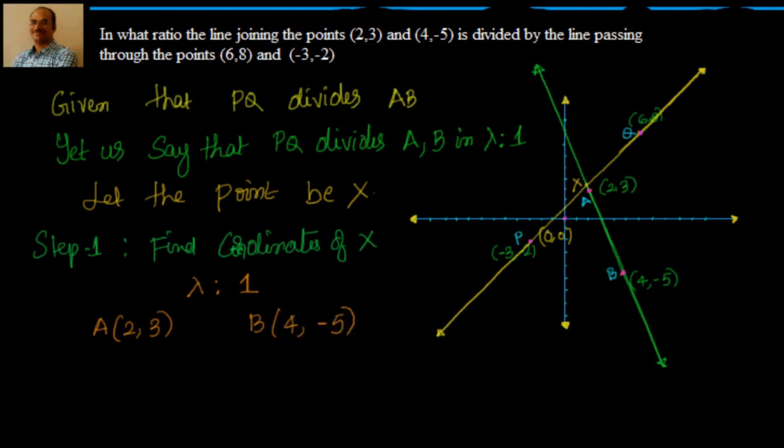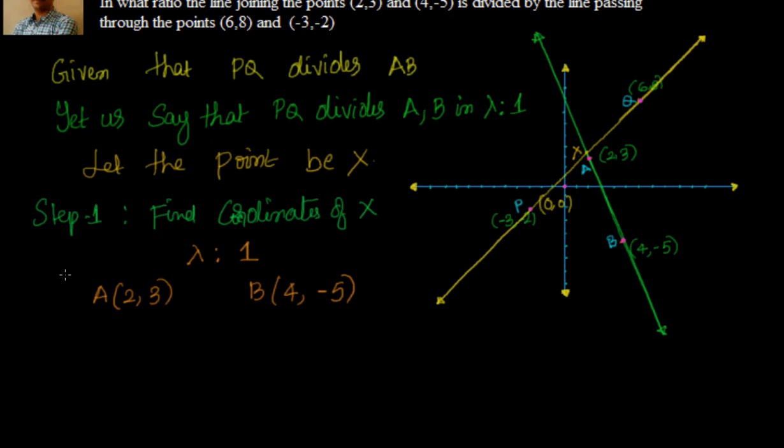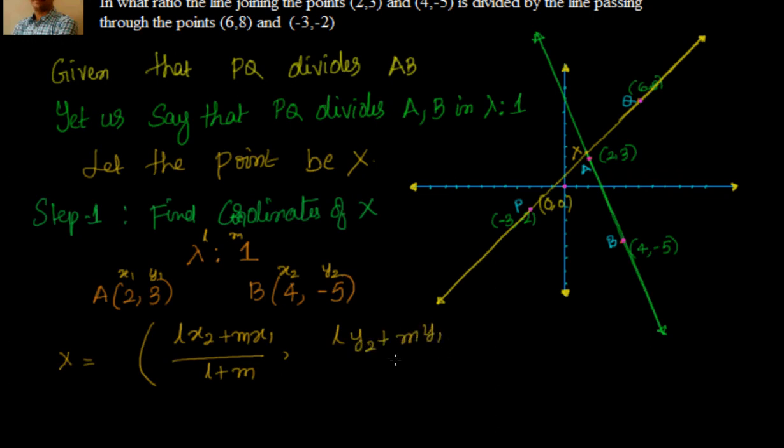So we know the formula. If you remember, with points (x1, y1), (x2, y2) and ratio L:M, the coordinates of X are (Lx2 + Mx1)/(L + M), similarly (Ly2 + My1)/(L + M). So let's substitute and see what we are going to get.